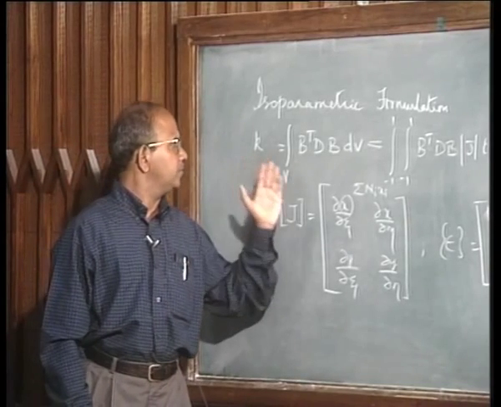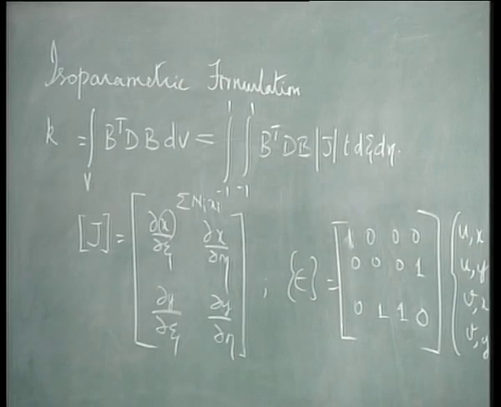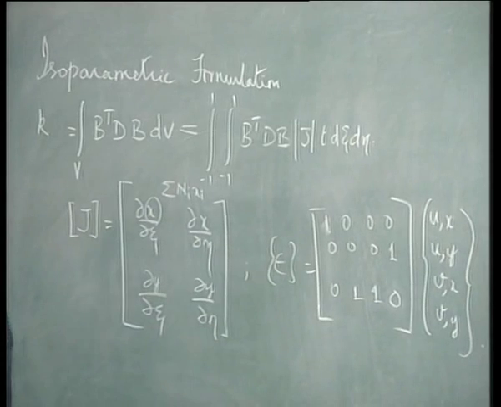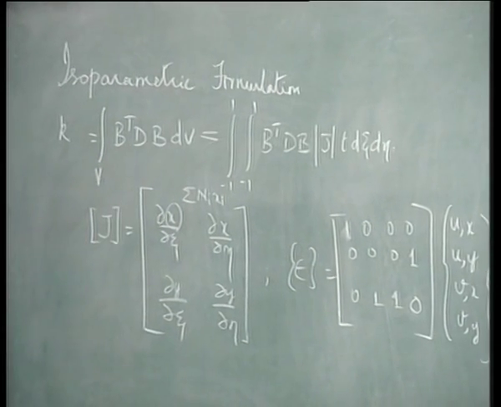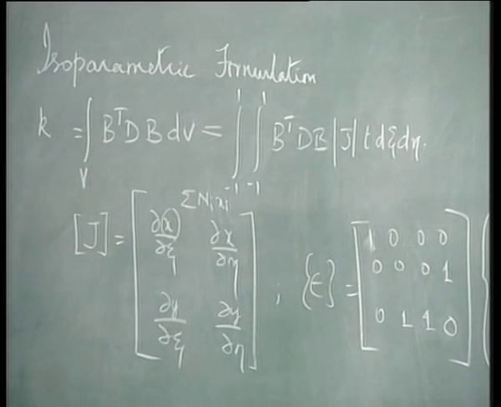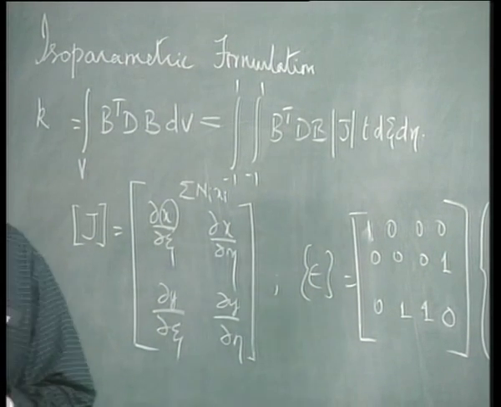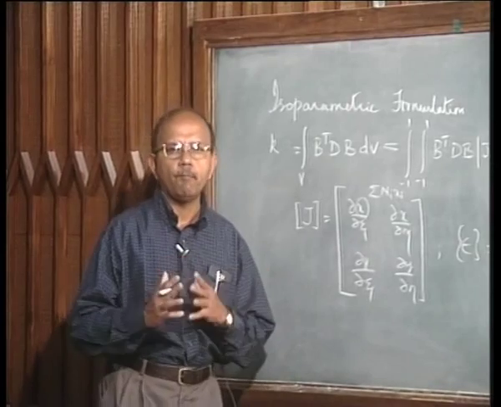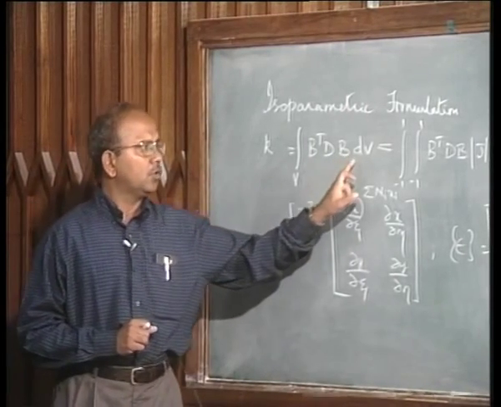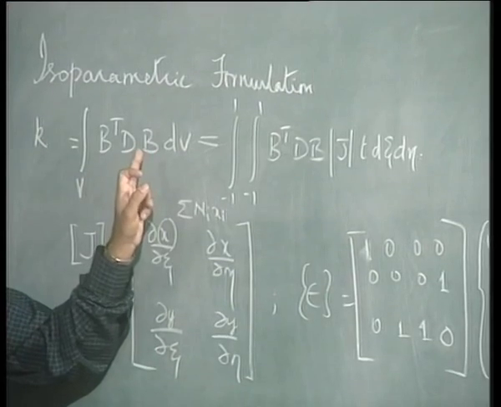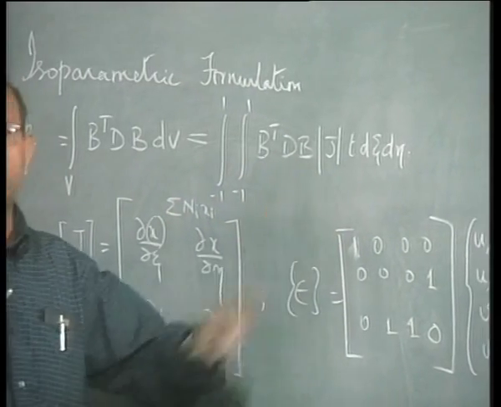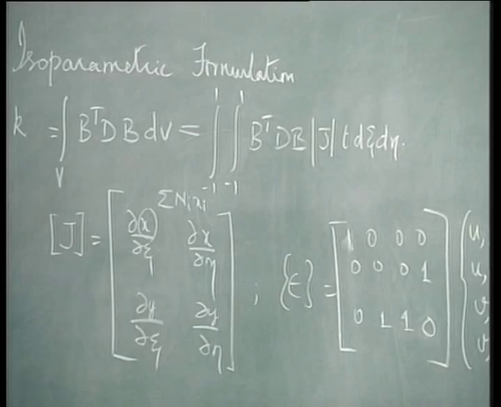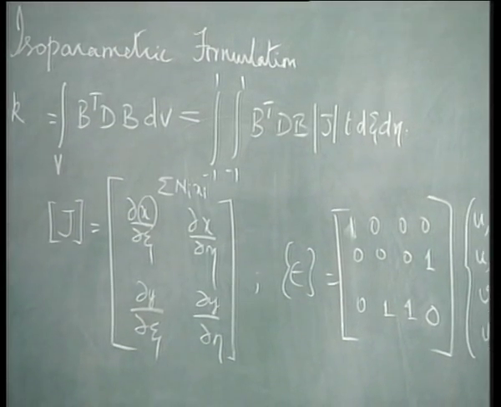So we said that the stiffness matrix can be written in terms of B transpose dB dV. So we started in the last class, and we introduced the concept of the natural coordinates and how mapping could be done. So now we transform this equation into an equation of this form, where psi and eta, if you remember, we introduced as natural coordinates.